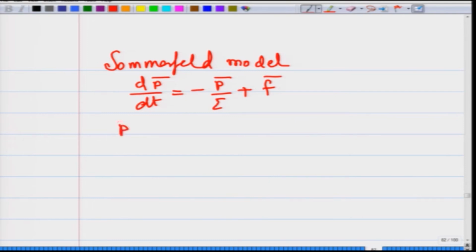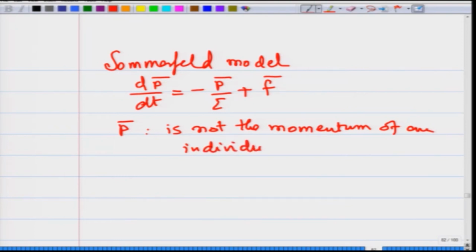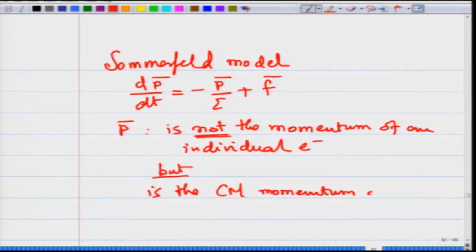However, the P is not the momentum of an individual electron, but is the center of mass momentum of the electrons in the solid.